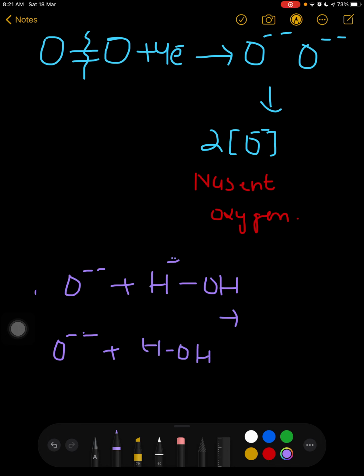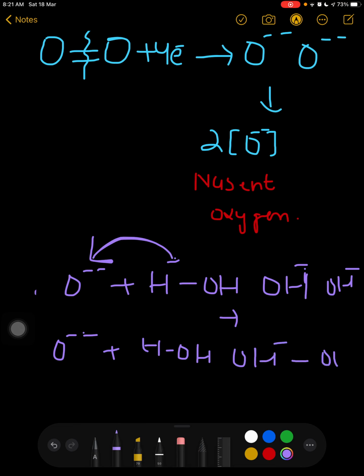And what will form? Obviously OH negative will be formed here, and here OH negative and OH negative will be formed. So here now we have 4 OH ions.